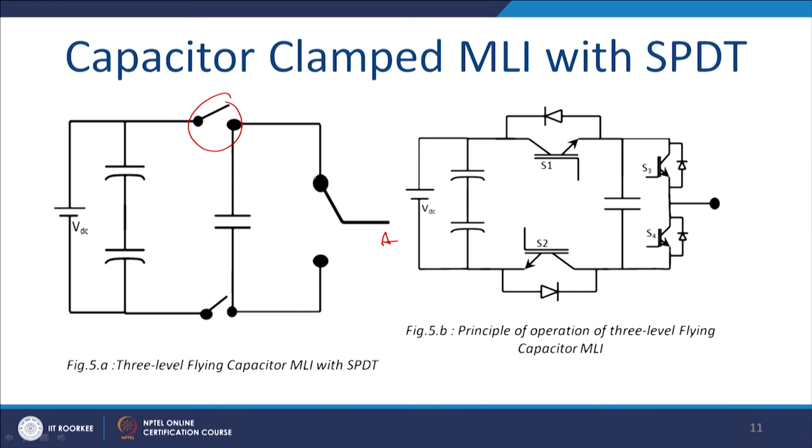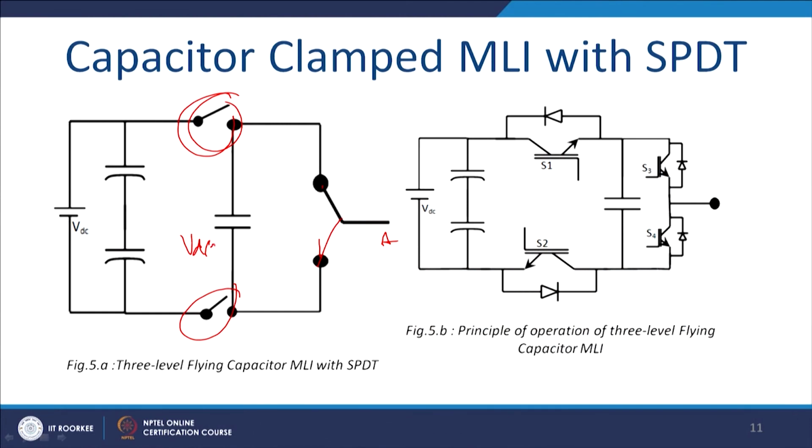Again, similarly, if this switch is closed and if this position is here, it will be connected to the negative of the DC bus voltage, and here you can change the polarity. While you are in this position, if you open this switch and close this switch, then you apply minus VDC by 2, as we assume that this voltage is VDC by 2, and this voltage is VDC by 2, and this voltage is also VDC by 2.